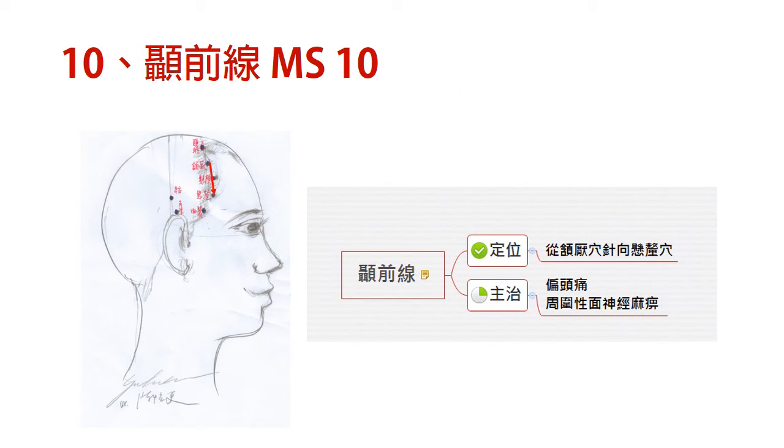Now MS10, anterior temporal, we call MS10. Location on the temporal area, a straight line from gallbladder 4 to gallbladder 6.